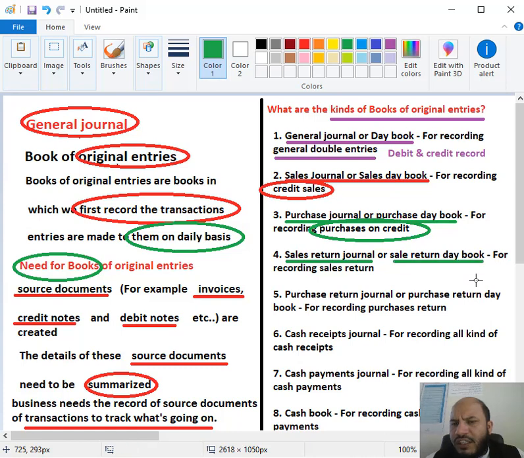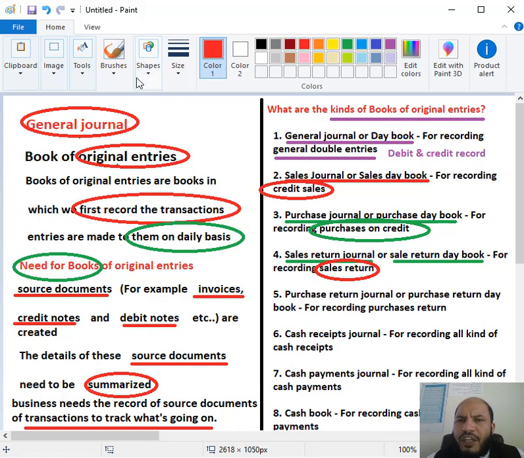Here we will record all those transactions which have a relationship with sales returns. Sometimes, for example, some of the customers will pay back our products. They will return our products to us due to different reasons, so we will record that in the sales return journal.